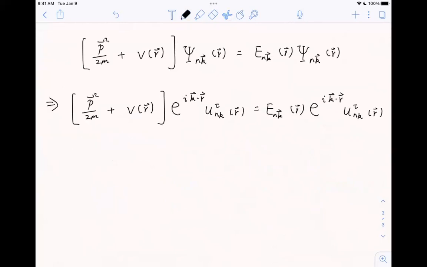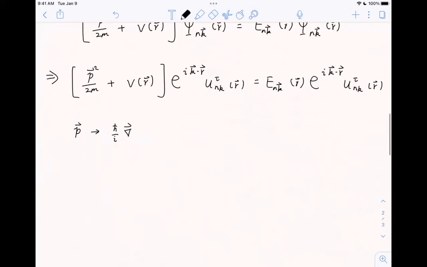So what is P? We don't need to worry about the potential here. The main operator here is P. P is H bar over I gradient. Okay, so basically P square means you're going to have negative H bar square and then gradient square.